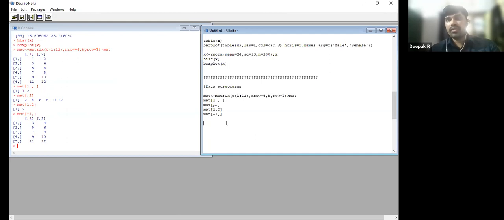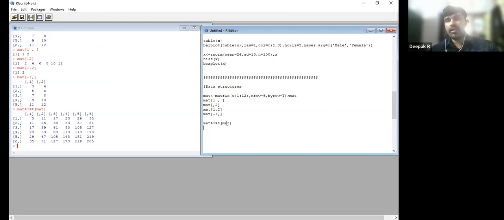We can also go for matrix multiplication, wherein I use percentage star percentage and t of mat, where t refers to the transpose function. So if I'm going for transpose and matrix multiplication, it is possible to do these very easily.